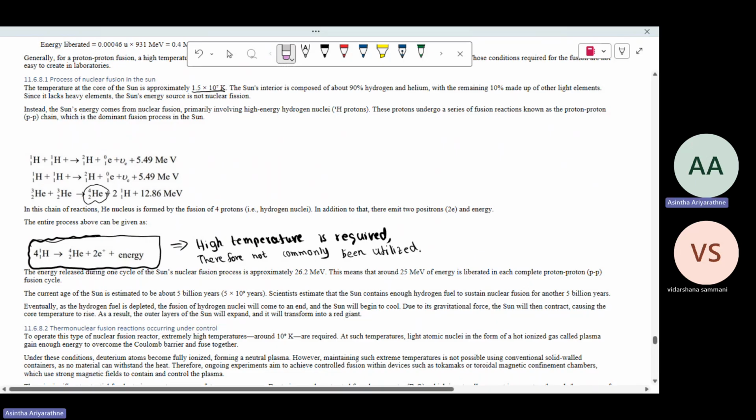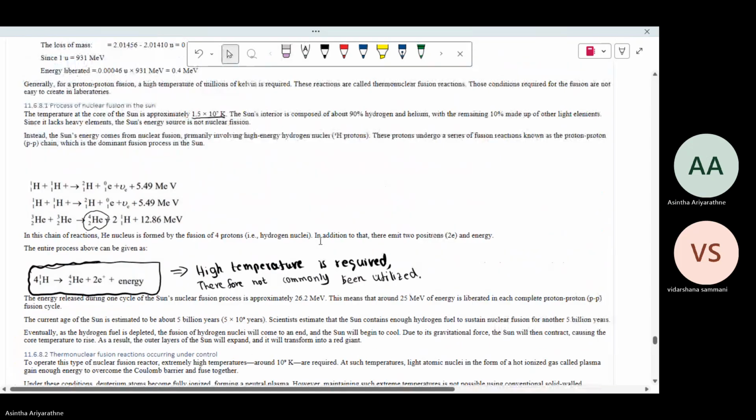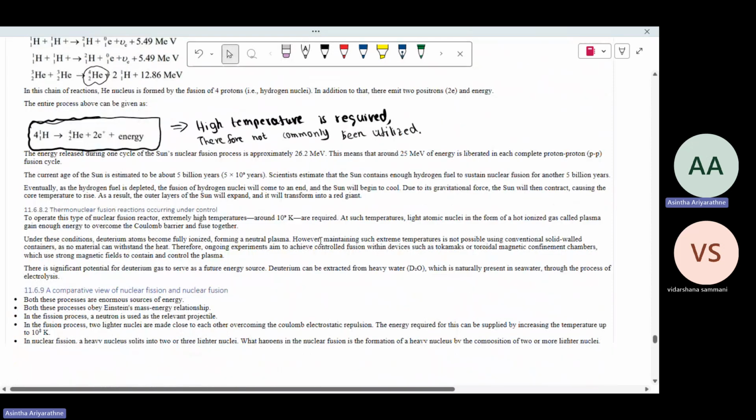The nuclear fission process is much easier to implement, and so nuclear fission is what is commonly used.